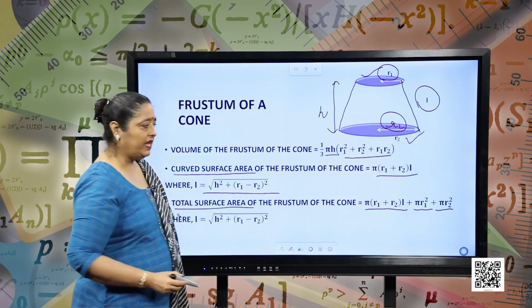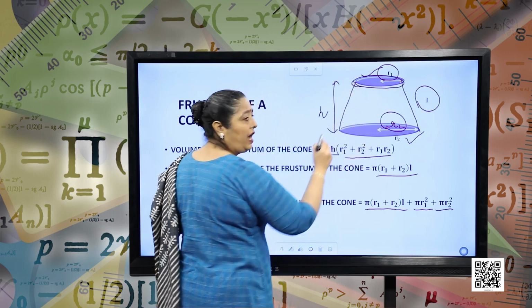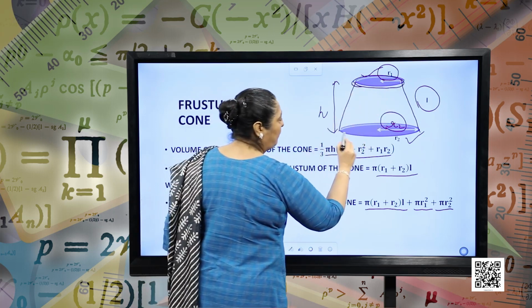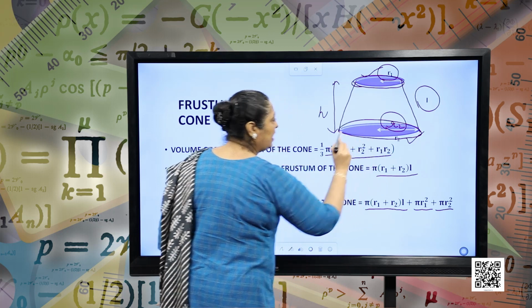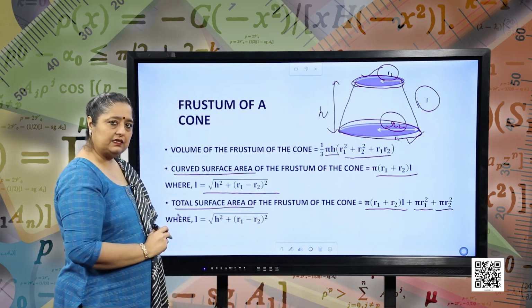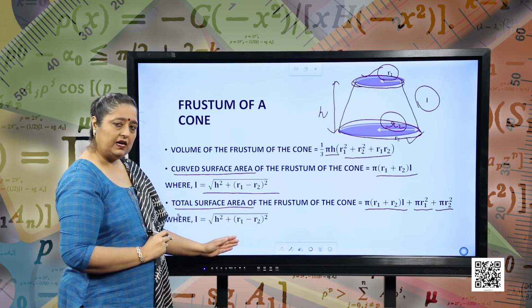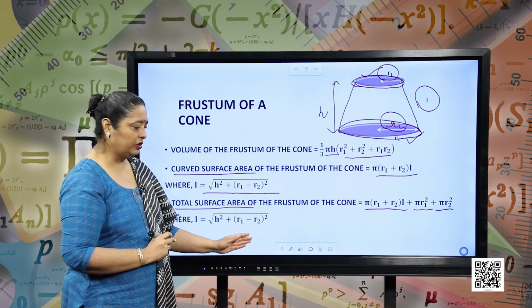Pi r1 square is the area of the upper disc, and pi r2 square is the area of the lower disc. Again, L is given as under root of h square plus (r1 minus r2) whole square.